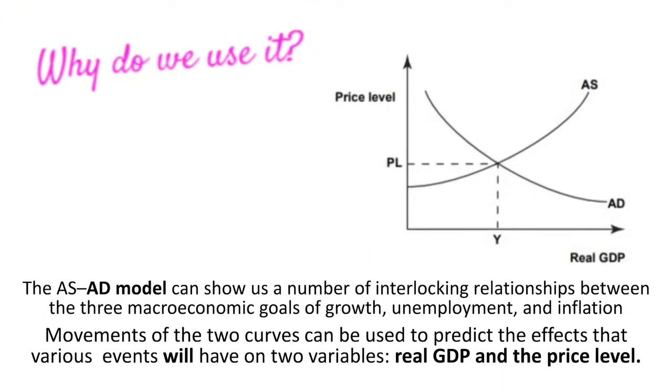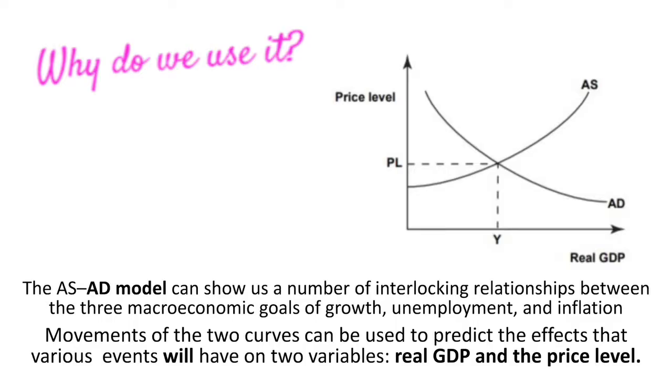The reason why we use it is that it shows us lots of different relationships between the main macroeconomic goals: growth, unemployment and inflation. This model can show us changes in all of those things.